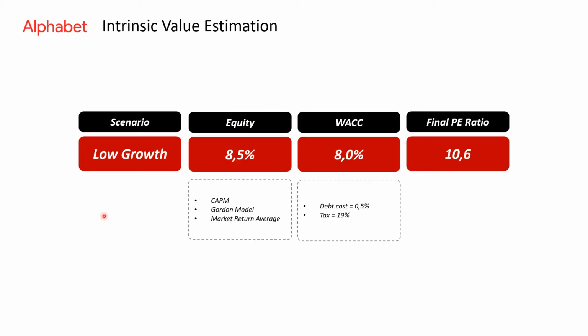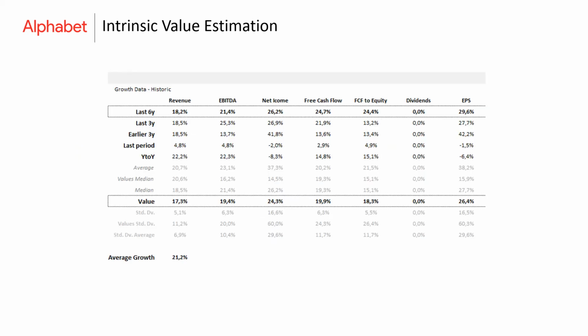So basically, for this simulation, I have selected the low growth scenario with a cost of equity of 8.5%, 8% for the average cost of capital, and a final PE ratio of 10.6. Looking here at the growth data, as we can see, the revenue has been growing at 18.2% over the last 6 years.